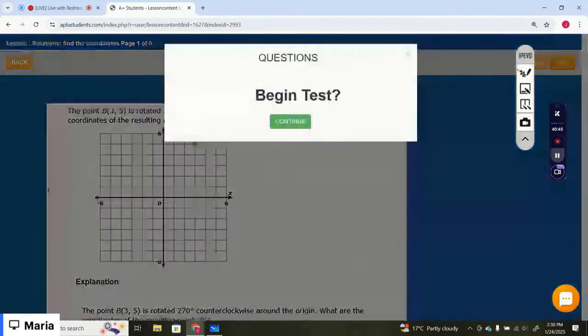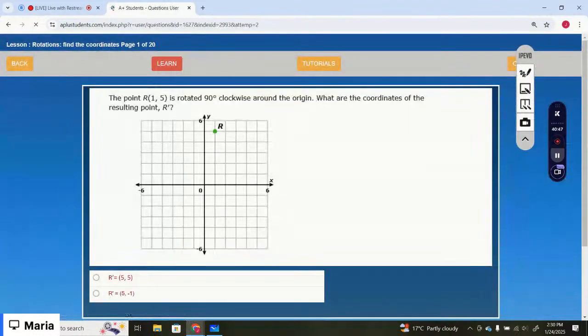Let's just start with the test questions. The point R 1, 5 is rotated 90 degree clockwise around the origin.